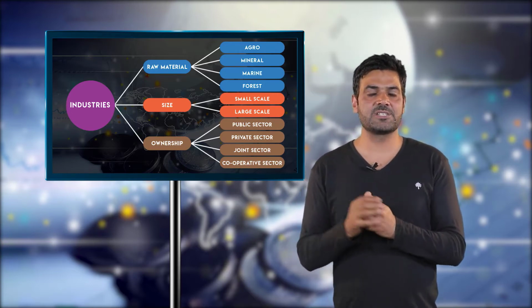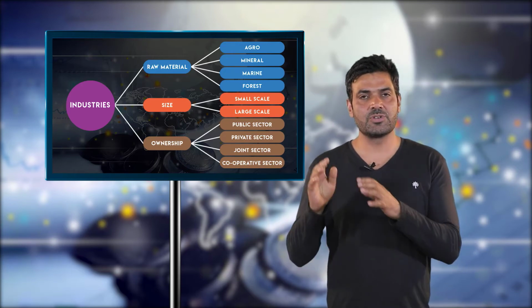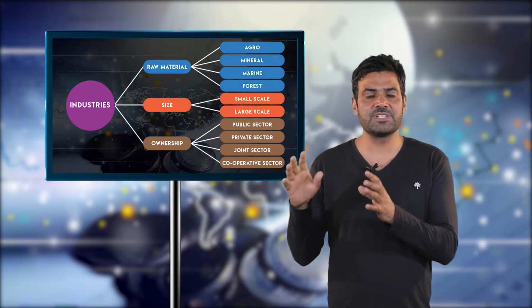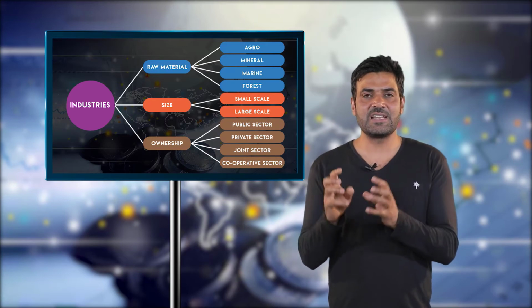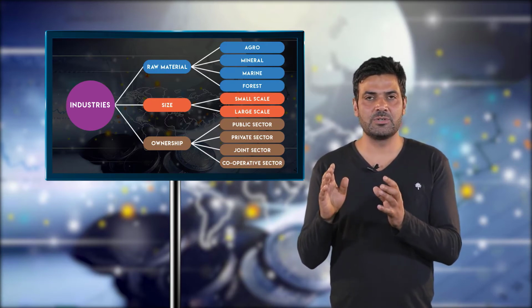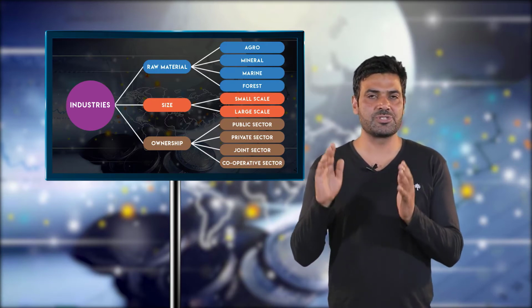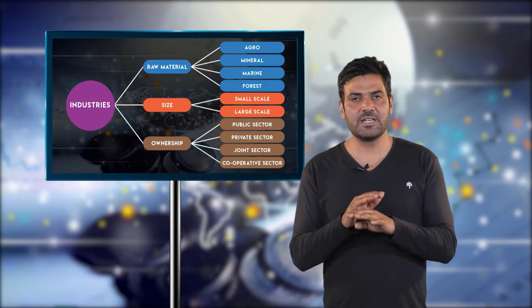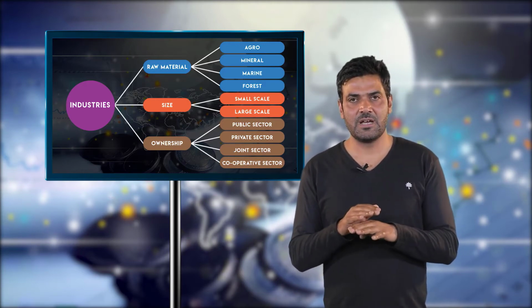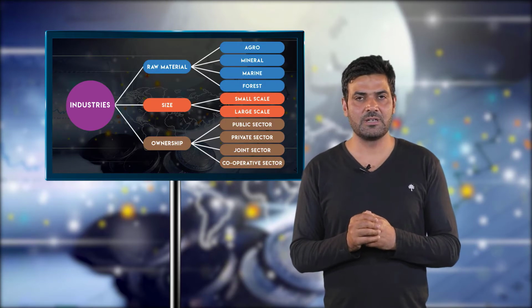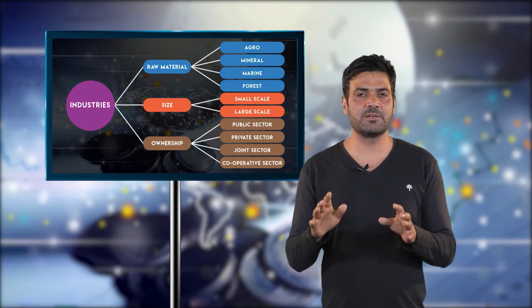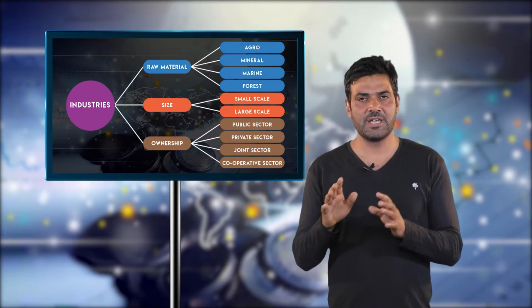As far as small-scale industries are concerned, these industries use a lesser amount of capital, the technology used is not so superior, the production is very small, and they employ fewer people compared to the large industries.